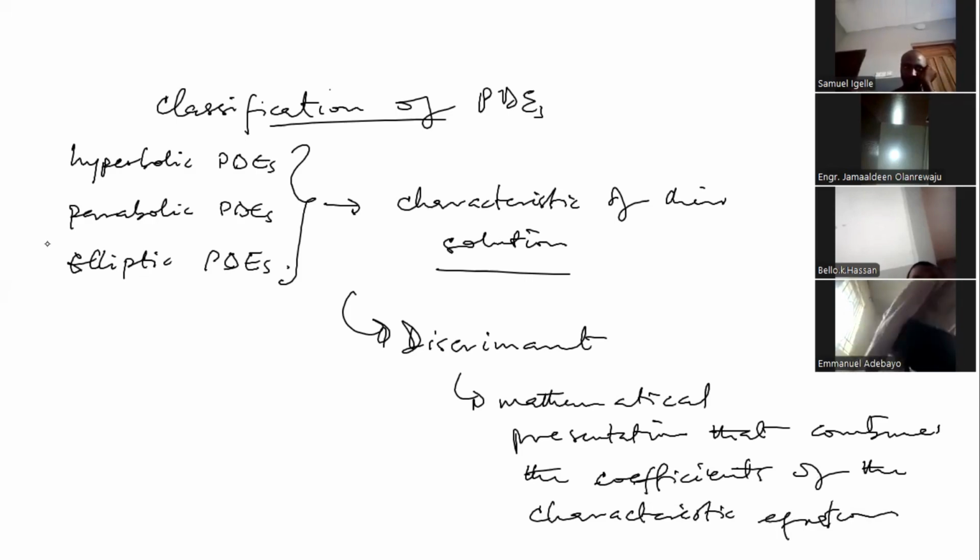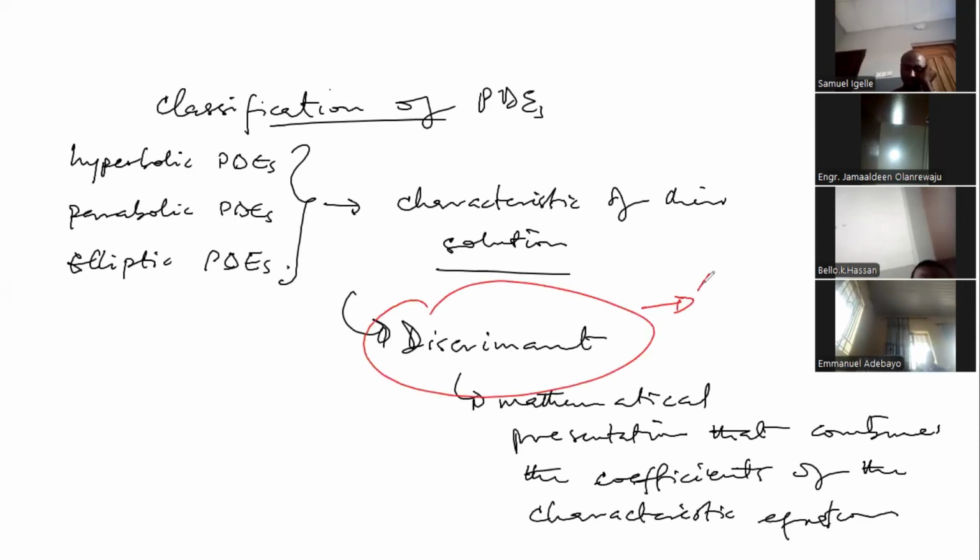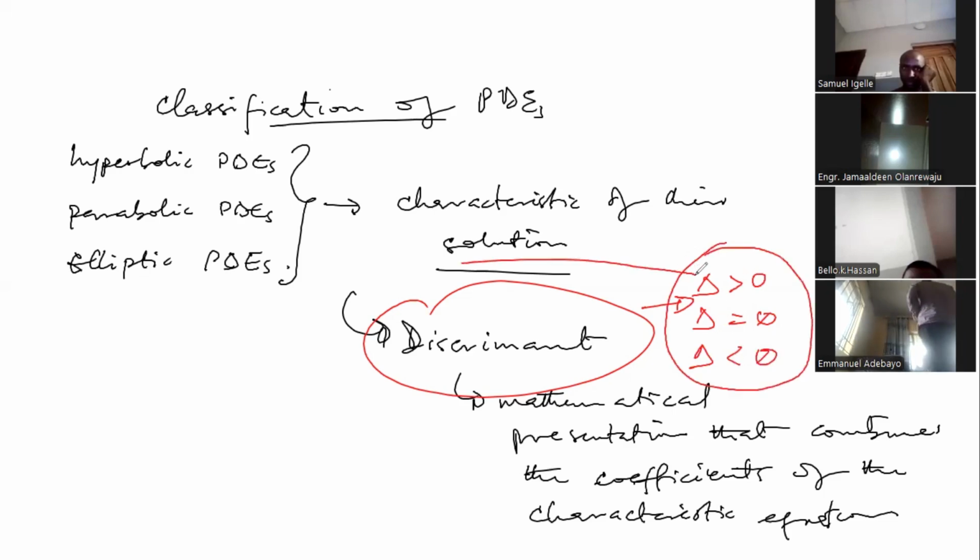Now, this discriminant, let's say we call it delta, whether it is greater than 0, equal to 0, or less than 0, will give us the information as to whether that equation is hyperbolic, parabolic, or elliptic. Does that make sense now? Yes, sir.